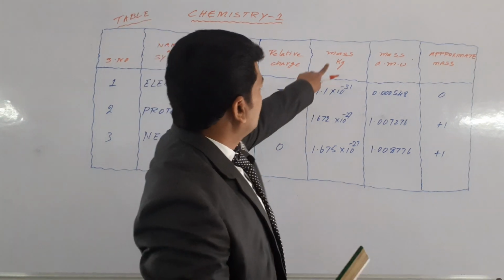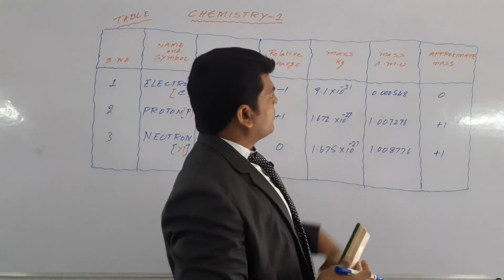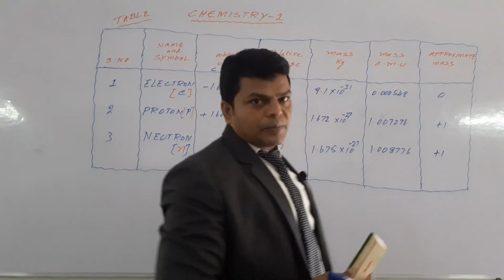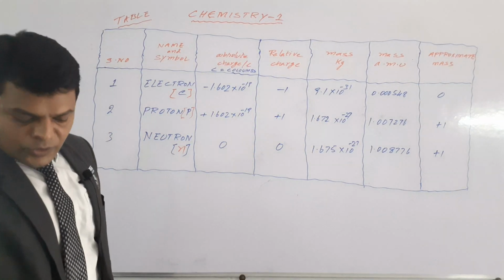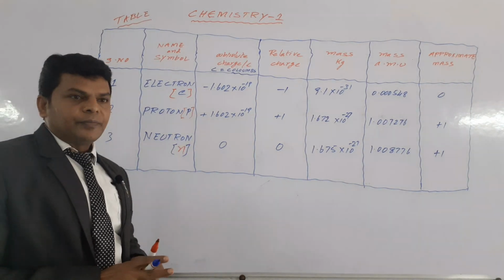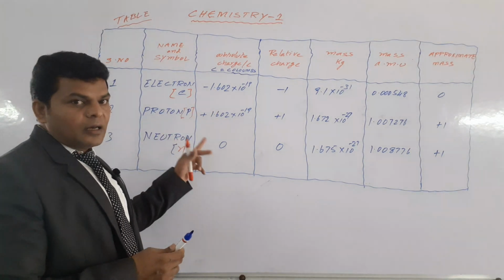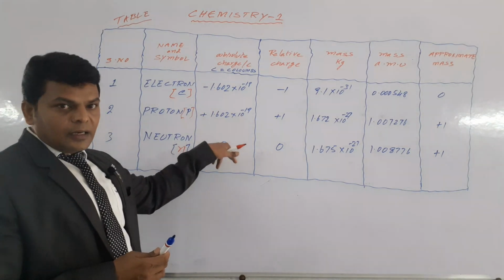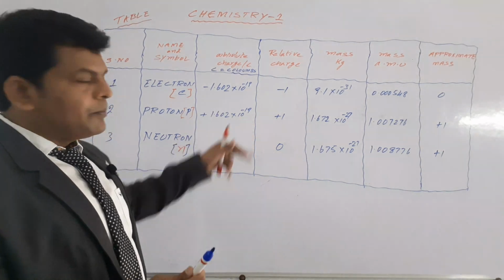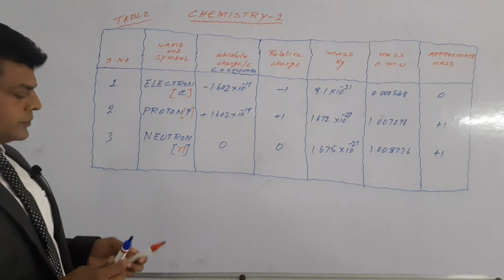Relative charge, mass in kgs, mass in atomic mass units, and approximate mass. So if you know this table, then you will get information about subatomic particles, all in one place. Okay, so this is the way.